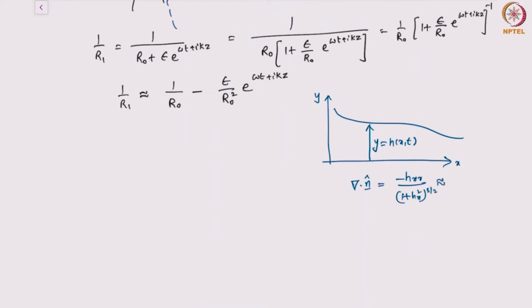If the curvature is gentle, meaning the interface is varying gently, then this approximately is minus hxx.